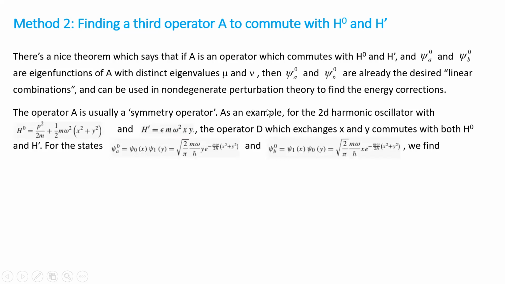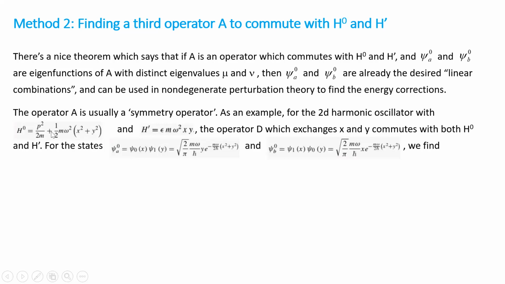As an example, for the 2D harmonic oscillator, which we looked at before, this was the unperturbed Hamiltonian here, and this was the perturbation. An operator D, which exchanges X and Y, it turns out commutes with both H0 and H prime.